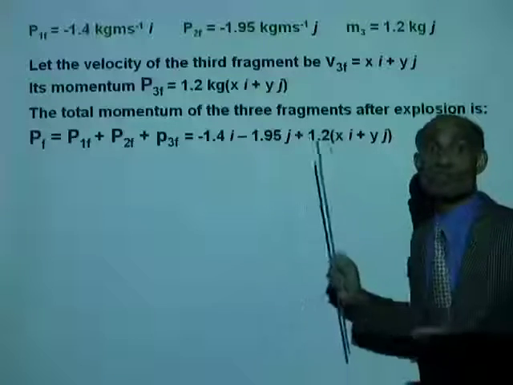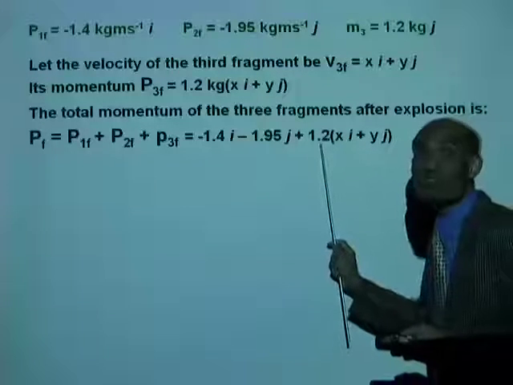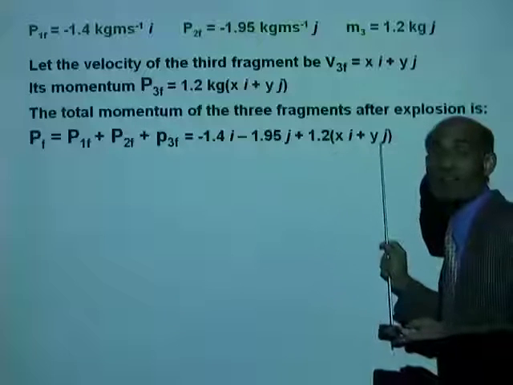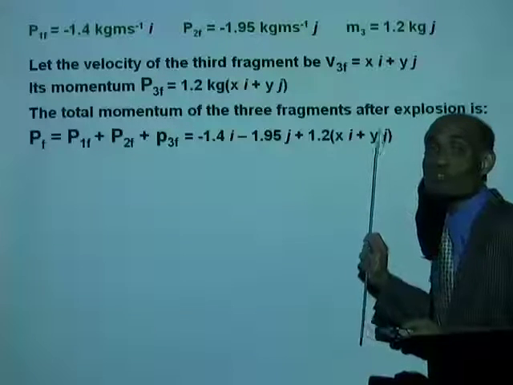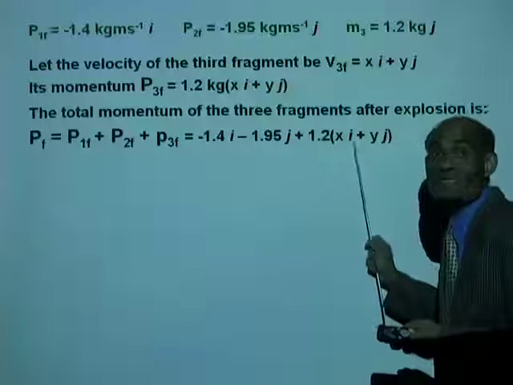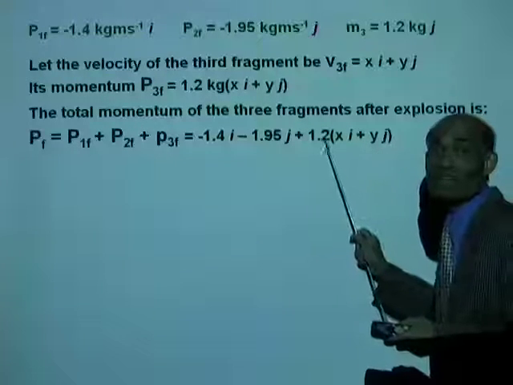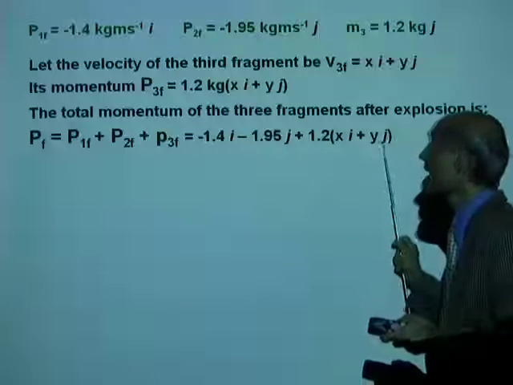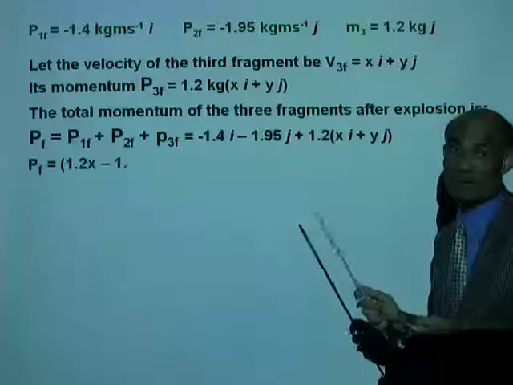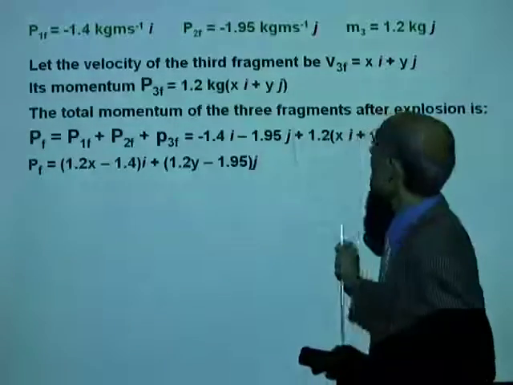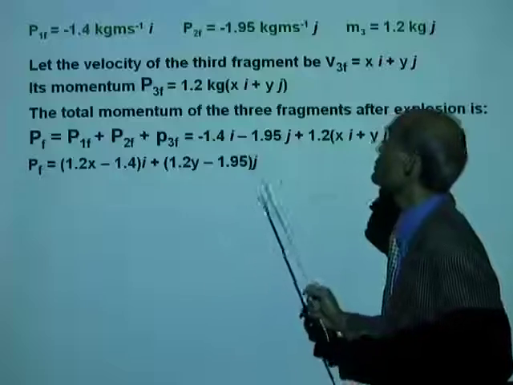That means the momentum of that third piece has an x component and a y component. What is the x component of this momentum? It will be 1.2xi. And the y component of this momentum is 1.2yj.